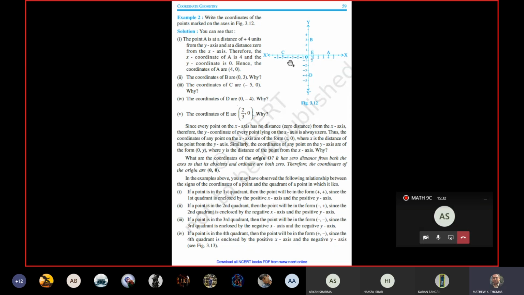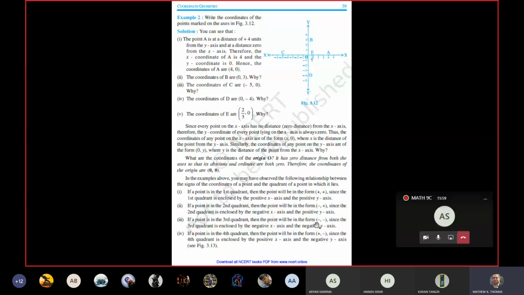Second quadrant, what will happen? One side is negative and one side is positive. Which side? X is negative and y is positive. So x is written first, y is written second. So write down second quadrant, minus and plus. Third quadrant, what is happening? X and y both are negative.